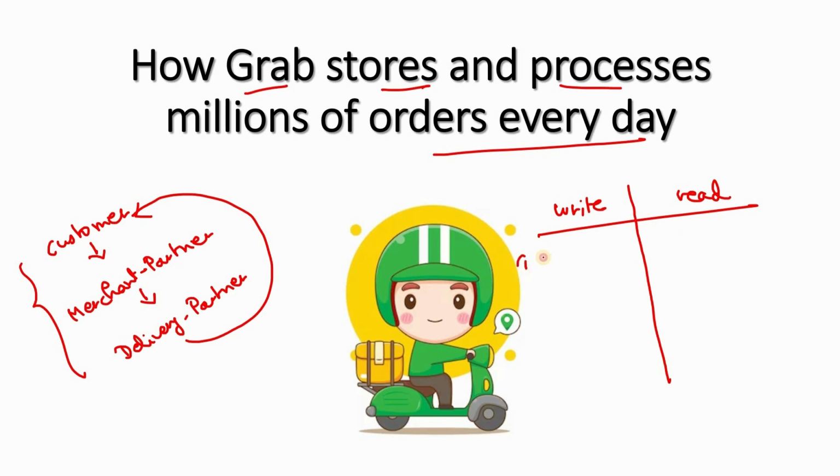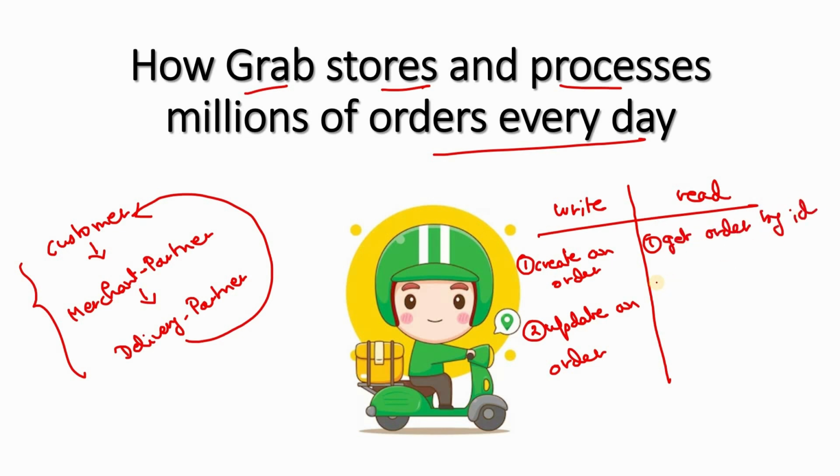For example, if you consider write events, it can include create an order, then it might have update an order. Coming to the read scenarios, it can have get order by ID. Then for example, it might have get ongoing orders by passenger.